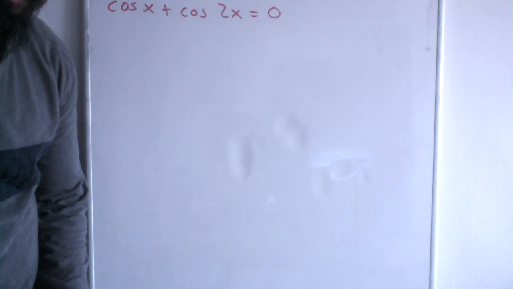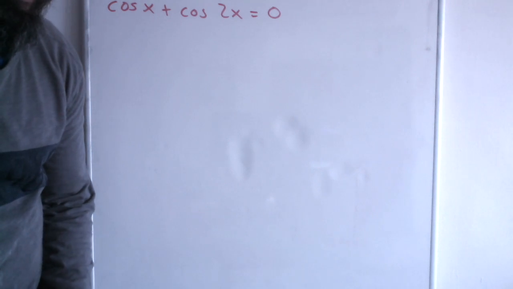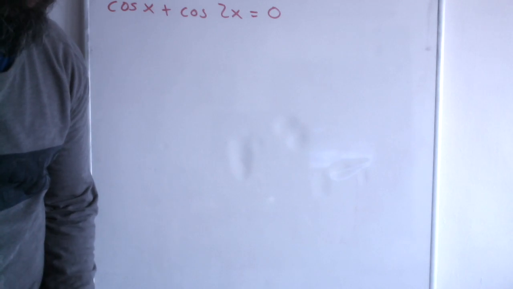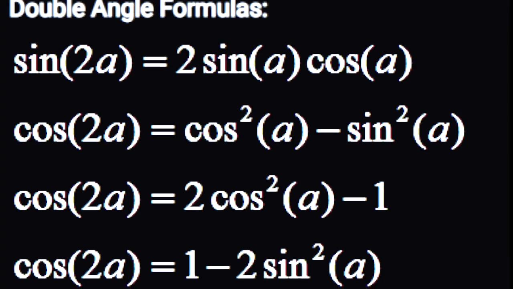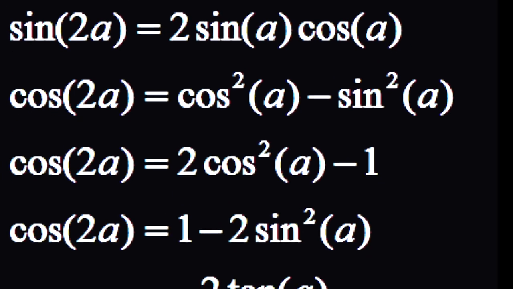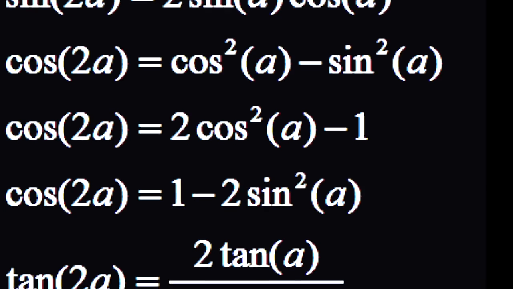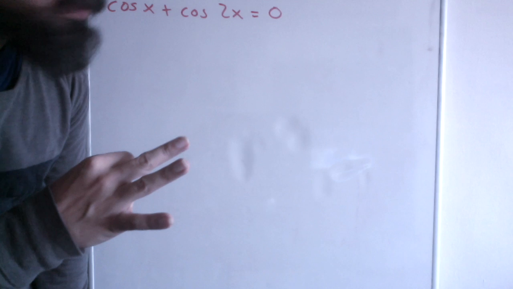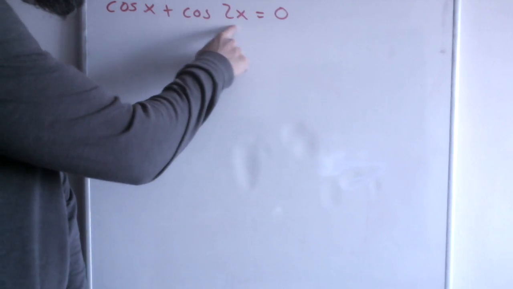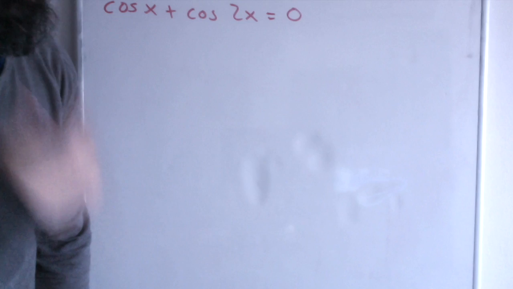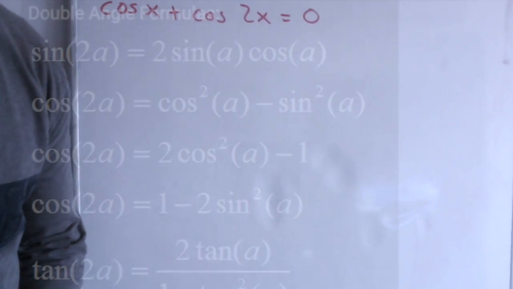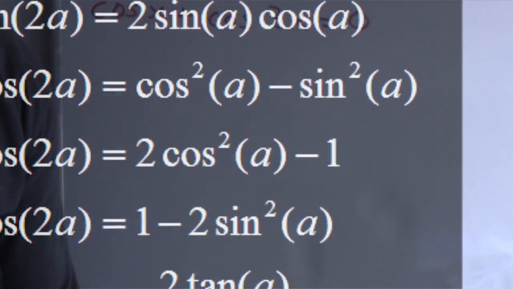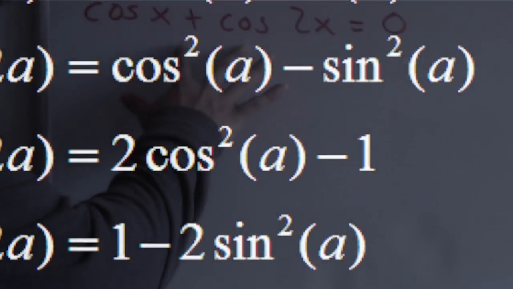Now for this problem we're going to be using the double angle formulas. Check very well the double angle formulas. You see there are three formulas for the double angle of cosine of 2x. We're going to be using the one that has cos because we have everything in the same term.